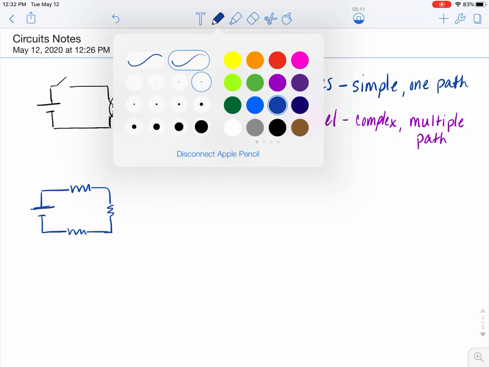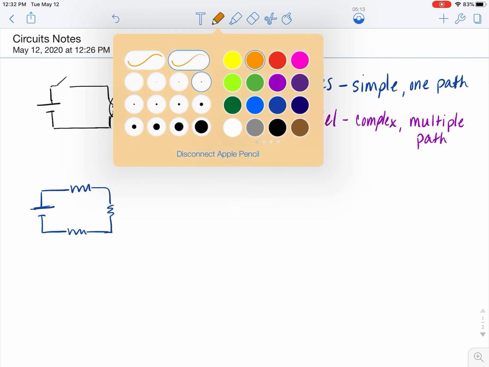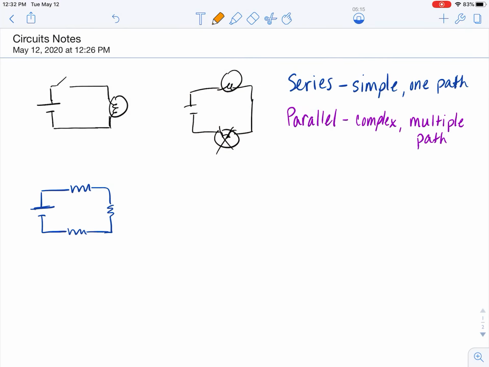So first, let's make sure that we recall the vocabulary word current. Current is the word for the rate of flowing electrons. All of our electrons are going to leave the positive end of our circuit, and they're going to move around the circuit until they make their way all the way back to the negative end.